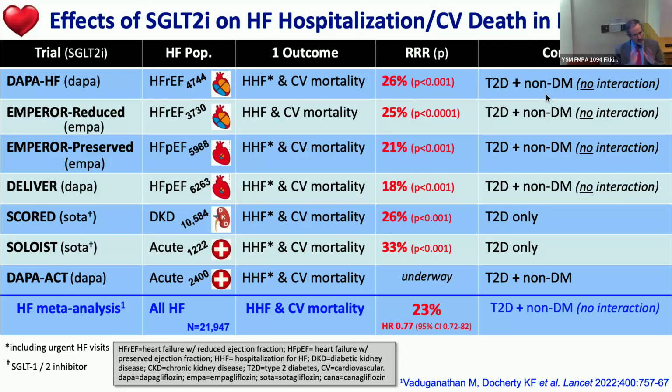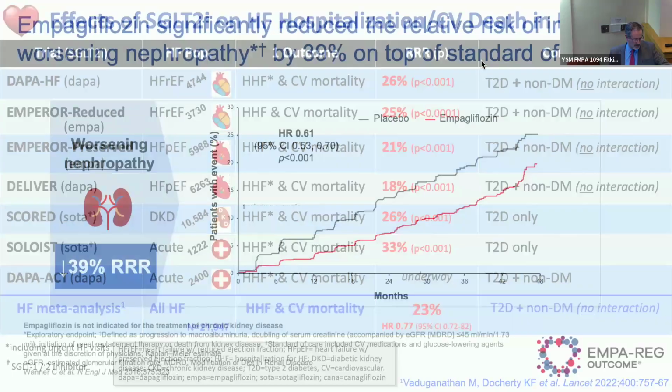So the treatment effect, the hazard ratio was identical between those who had type 2 diabetes and those did not. So very quickly, within 3 years, these drugs have now become standard therapies in heart failure. The cardiologists, not just heart failure cardiologists, but general cardiologists are beginning to prescribe them very frequently in their patients with cardiovascular disease.